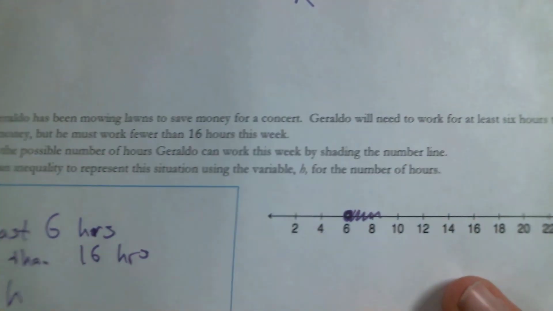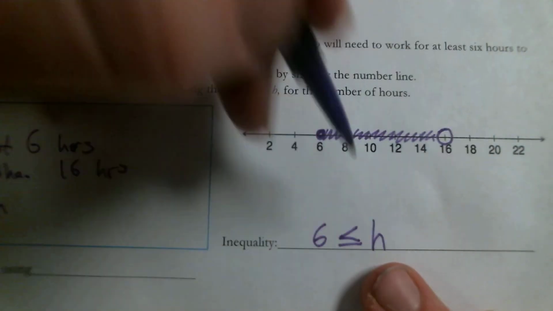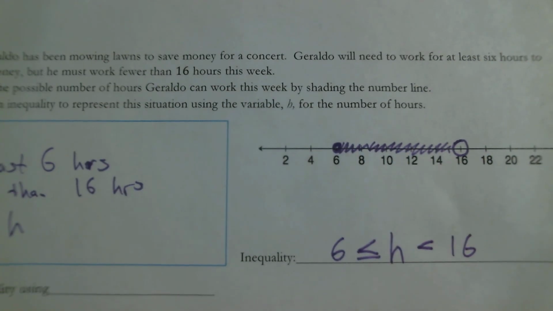So I'm going to start shading to the right. And then 16, it has to be fewer than 16. So it can't be 16, so I'm going to leave it open. So I'm going to say anything between there is good though. So I can have H, which is greater than or equal to 6 hours, but it has to be less than 16. I don't say less than or equal to because I don't want it to get to 16. That's not going to work.